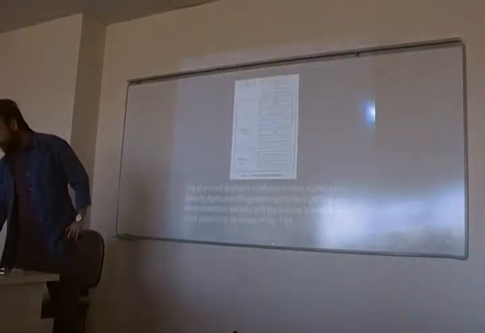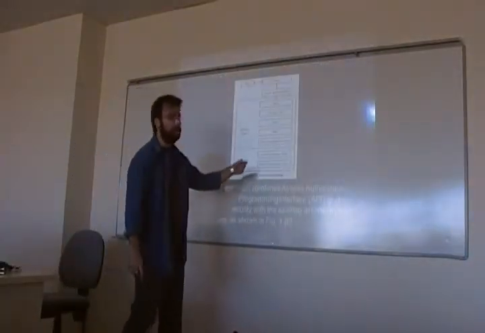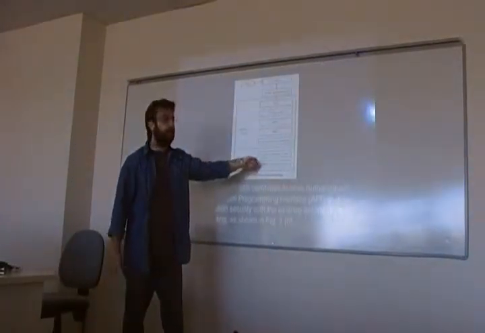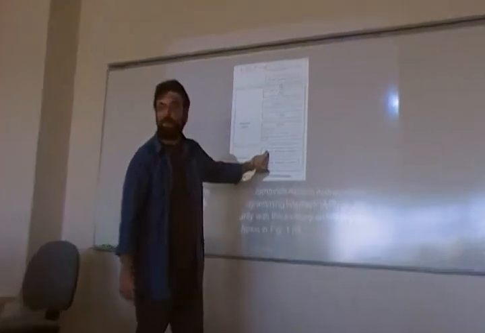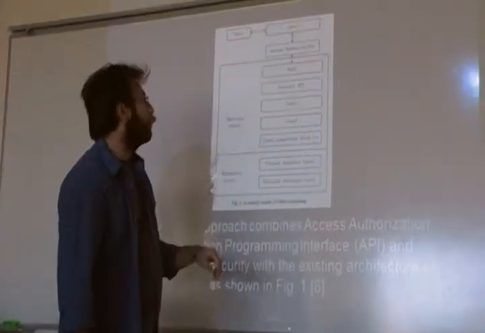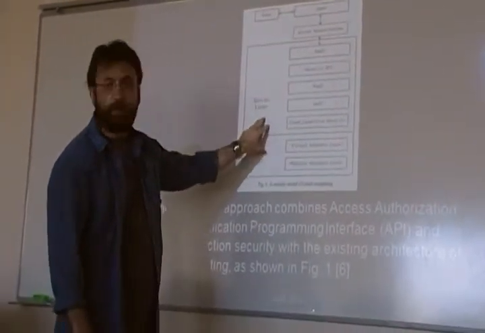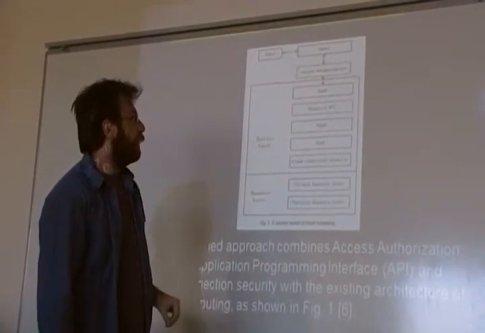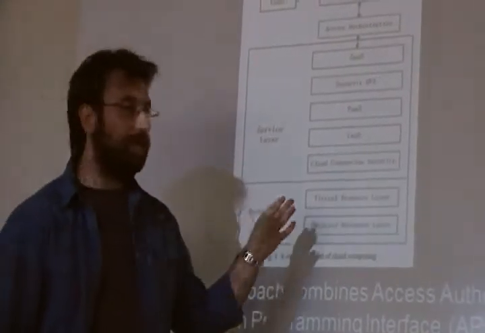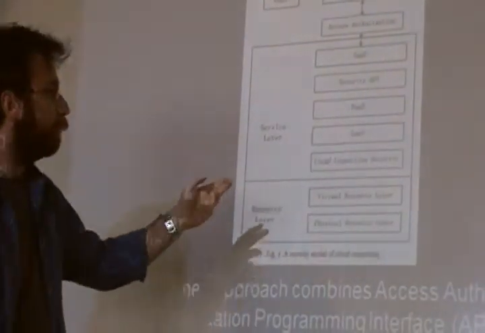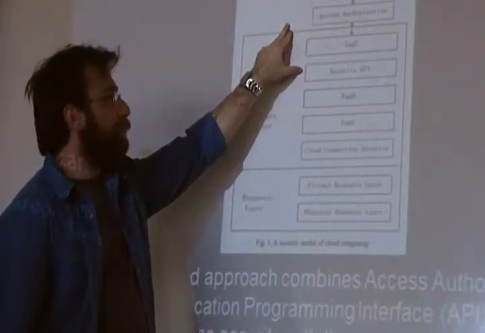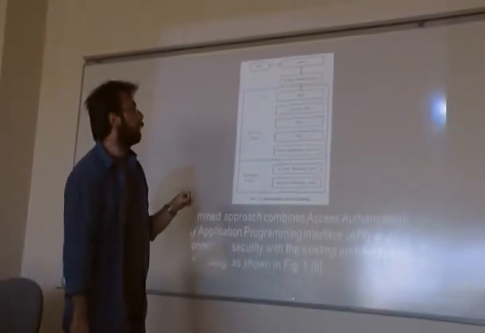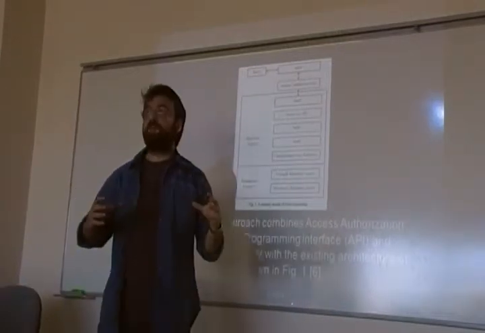So mainly, you have resources at the bottom which are virtualized, and you need to use these resources. So you have to establish a secure communication, and this is established, in this model, by SSL using VPN. And at the top of it, at the beginning stage, you use access authorization, a certificate method.